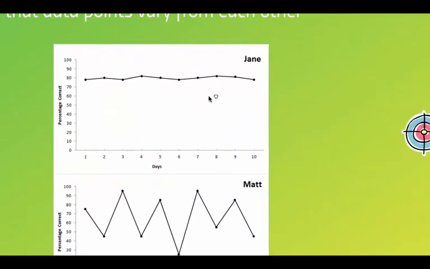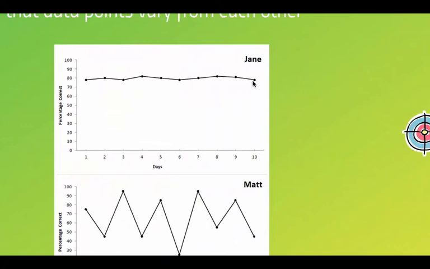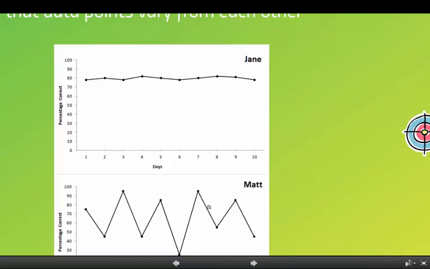Now, just because we don't have a lot of variability here doesn't mean that there isn't a place for improvement in terms of performance. So the question for Jane, of course, is why is she hovering at 80% and why can we not get her to 100%? Although I don't have a lot of variability in this graph, if any at all, I still have a decision to make in terms of her programming. And with Matt, we certainly have decisions to be making as a result of his variability.